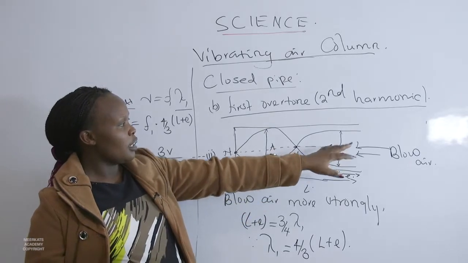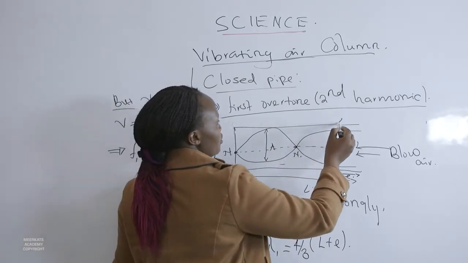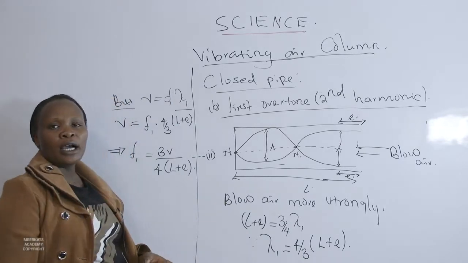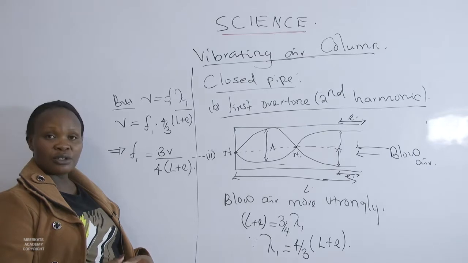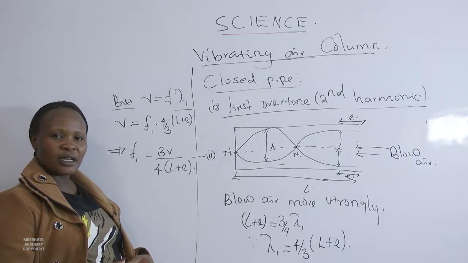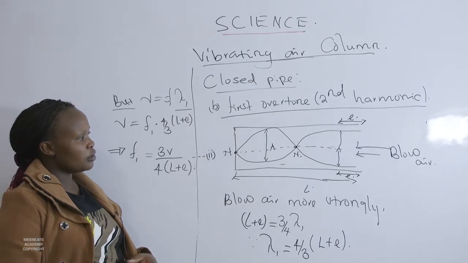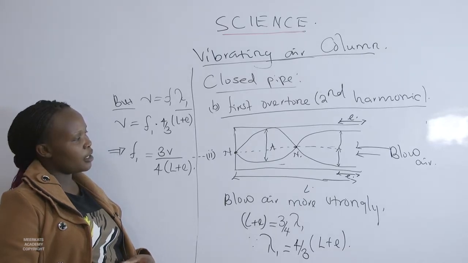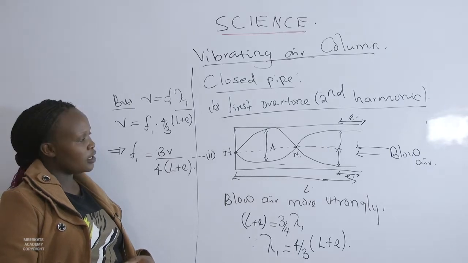The second one comes a bit close but not to the exact end, and that means that now we will have to introduce a factor E, which we are calling the end correction, so that we can take care of that part that is remaining after achieving the antinode.